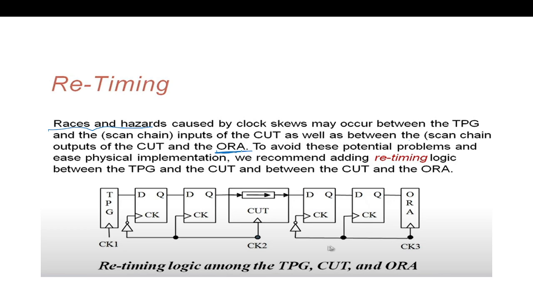To avoid these potential problems and ease physical implementation, we recommend retiming. We perform retiming by adding two flip-flops, and for the output analyzer again two flip-flops. So here the same, and here an inverted flop, and here also an inverted flop.